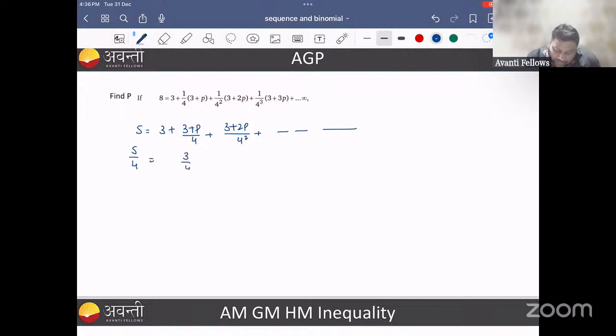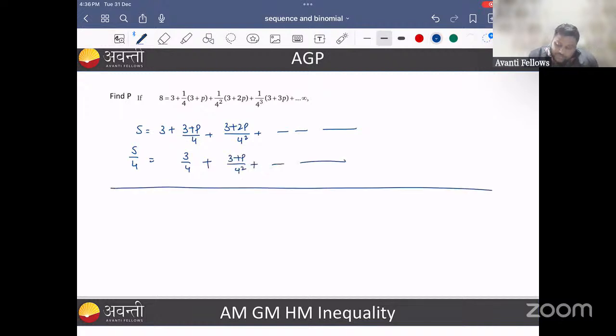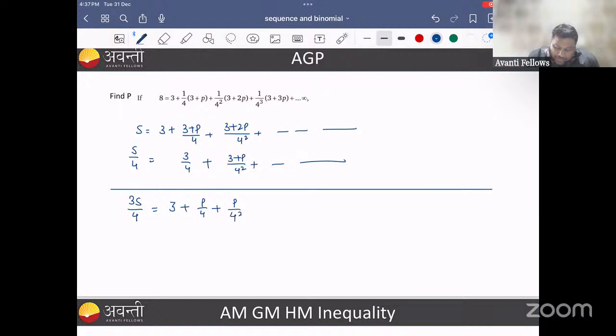So it will come out to be 3 by 4, 3 plus P upon 4 square, and so on. Now you subtract these terms. 3S by 4 is 3 plus P by 4 plus P by 4 square, P by 4 cube, and so on.